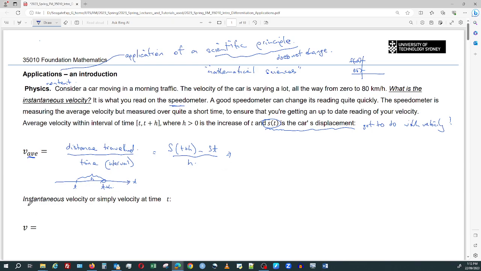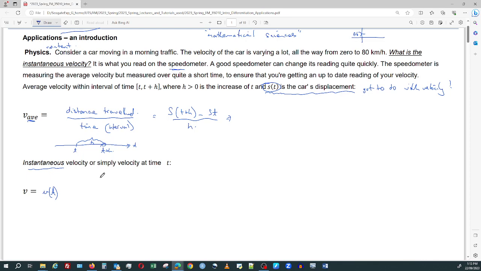What about our instantaneous velocity? Ooh, v(t). What's that got to do with anything? And how does it differ from average velocity? Well, we can work this out by having some points on the curve.